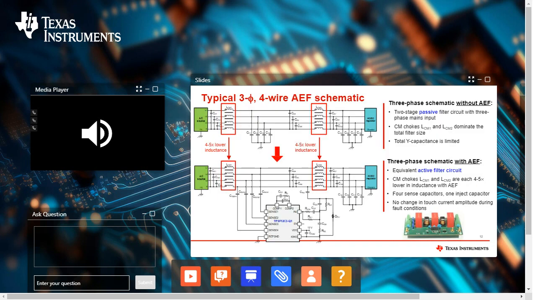In this two-stage passive filter schematic, you can see that by adding the AEF-IC, one can lower each choke's inductance value by 4 to 5x. A reminder, the AEF-IC requires a nominal bias of 12 volts, that is chassis ground reference.